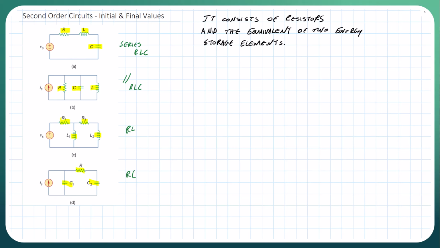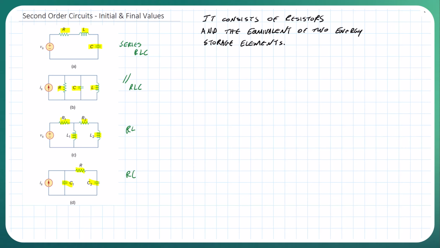We'll talk about that in this chapter as well. So you can have first order circuits for RC and RL, and you could also have second order circuits in RC and RL. Of course this also expands to operational amplifiers, but we're not going to discuss that in this chapter.